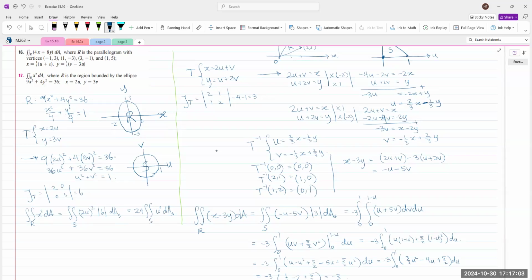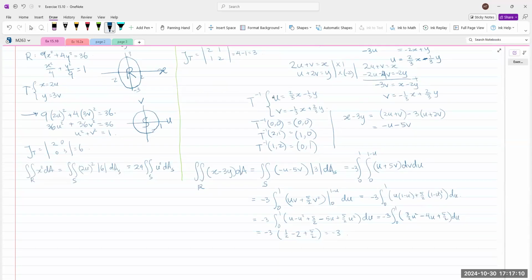Then how do I do that? You know what? I polarize this. I will do the double integral in terms of polar. So 24 integral from 0 to 2 pi, integral from 0 to 1. The u, which behaves like an x, will be (r cosine theta) squared times r dr d theta.